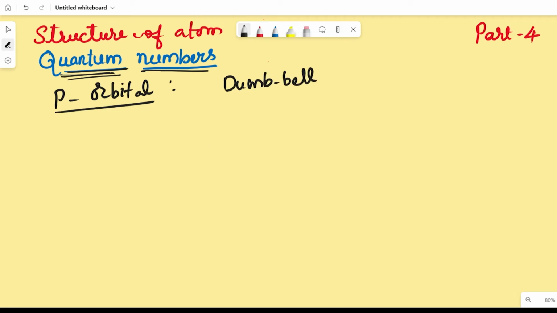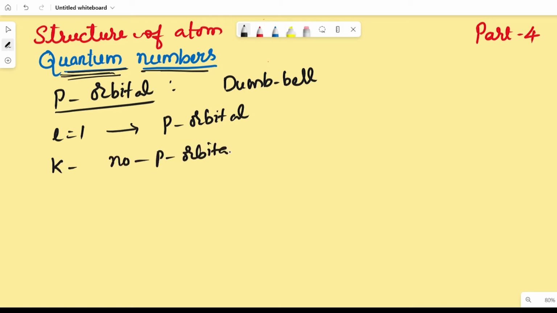If l is equal to 1, that indicates the p orbital. For K shell, there is no p orbital. It's a very important point. For L shell, there is 2p orbital, which means 1p orbital doesn't exist.